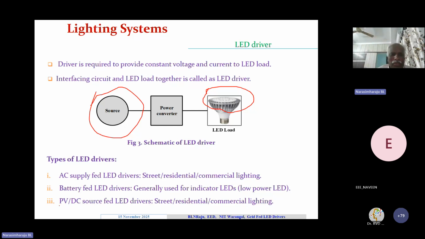So we have the advantage of using solar PV directly for LED lighting systems. But it's not like that all the time. Otherwise, for the AC grid power supply, this is what we are concentrating on in most cases.